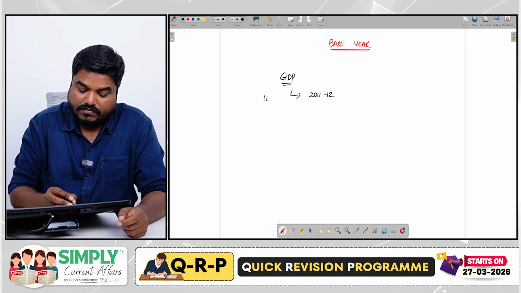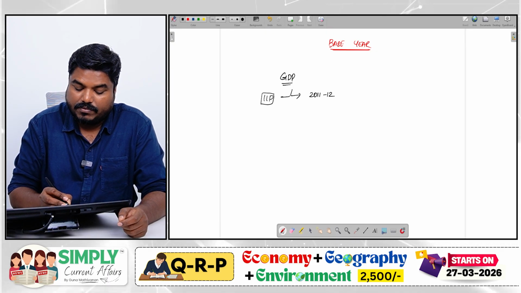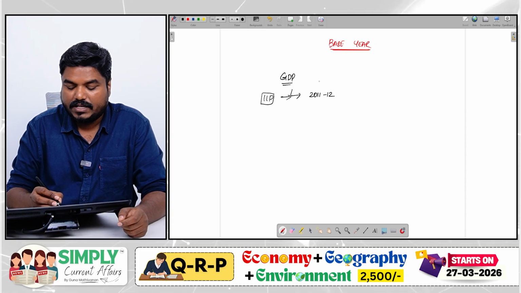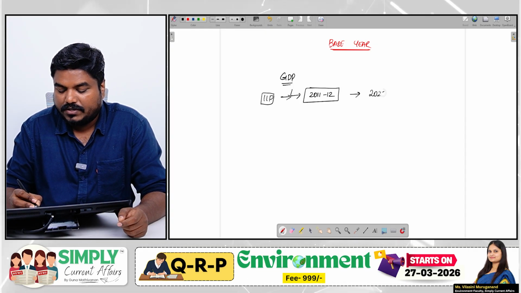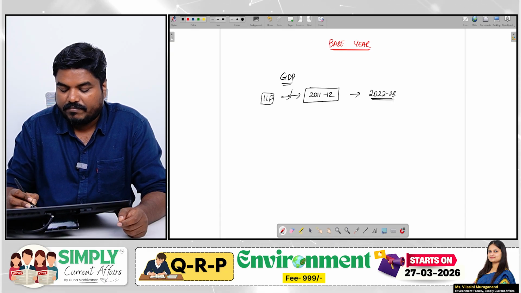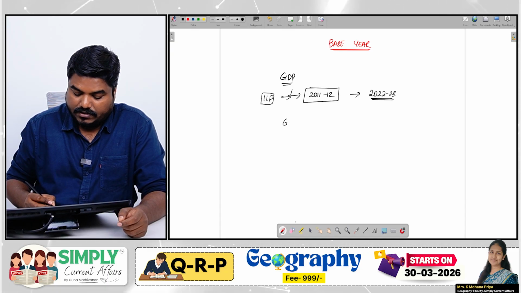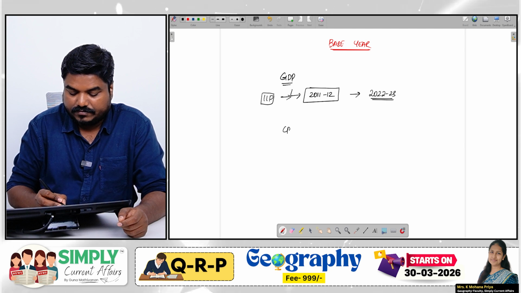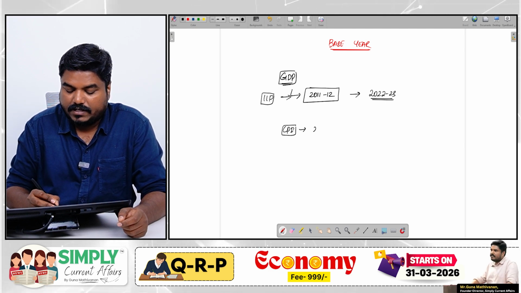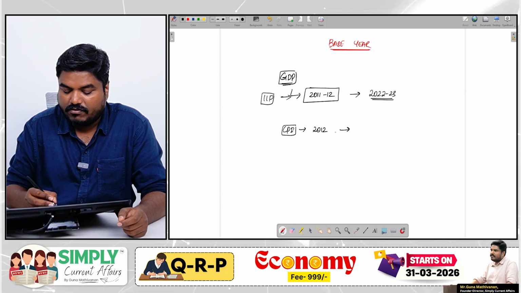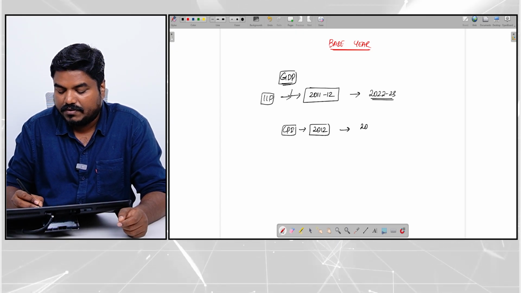For Index of Industrial Production also it was same 2011-2012. Now this base year is being changed to 2022-2023. Similarly, if you take the consumer price index, the base year was 2012, that is now being changed to 2024.